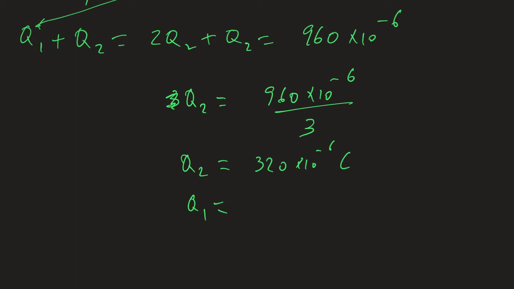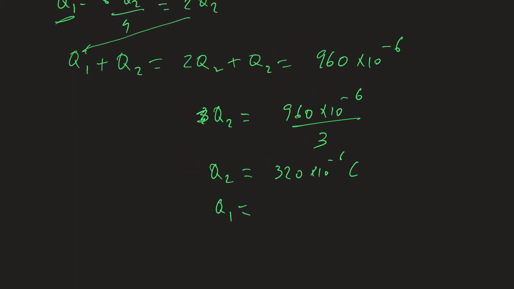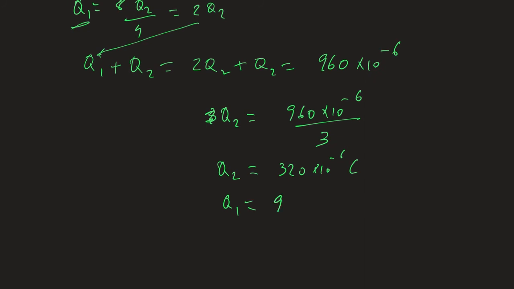The total charge was 960 minus 320, so Q1 will be 640 by 10 to the minus 6 coulombs. So I have the charges; I solved the problem.